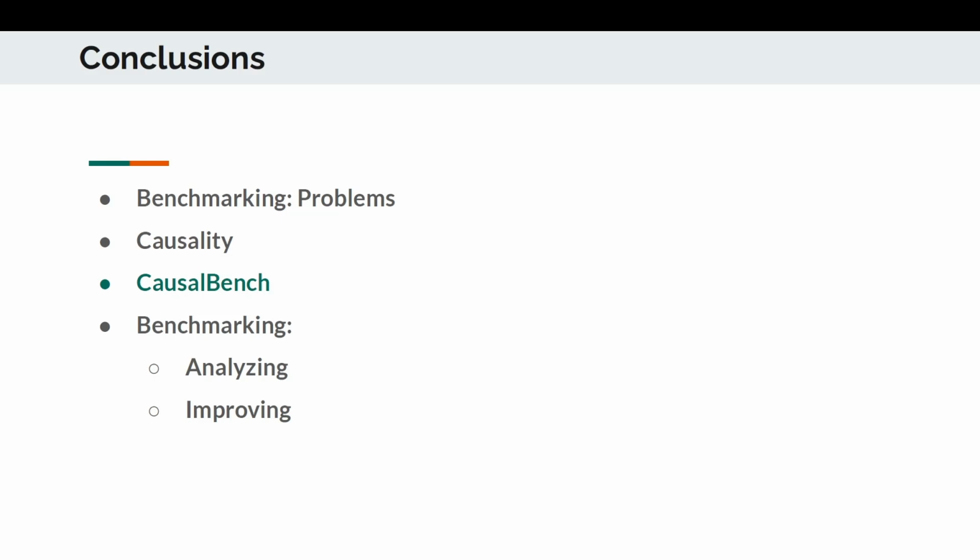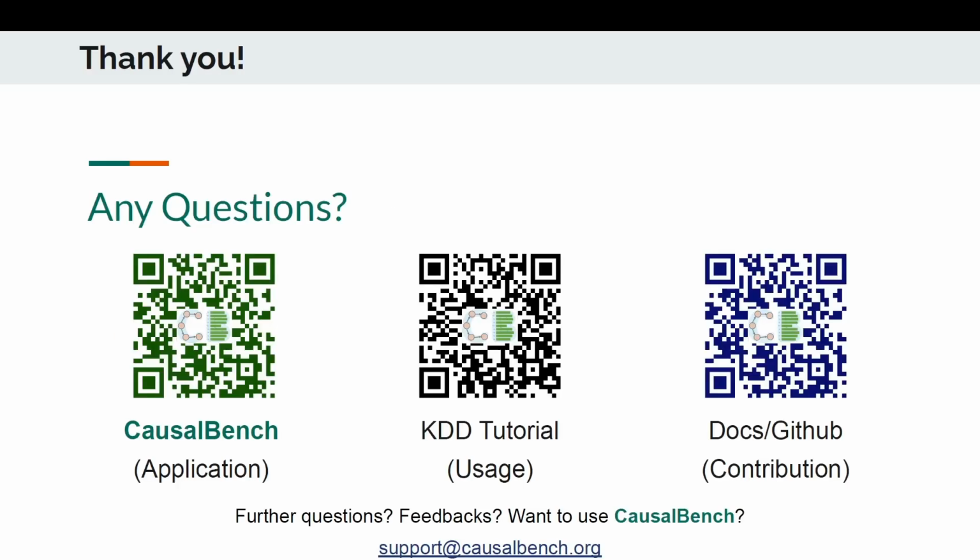Then we have talked about CausalBench with several different scenarios to showcase how you can benefit from it. And we have talked about how to make benchmarking itself better, to analyze it, to improve it, or to recommend it. And that is the end of the CausalBench tutorial at KDD'25.